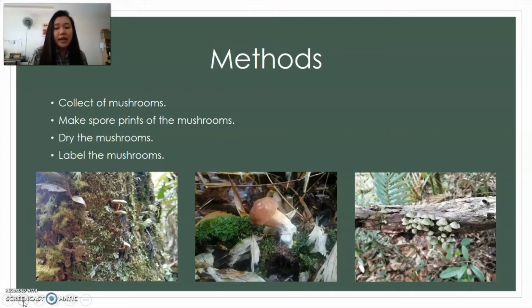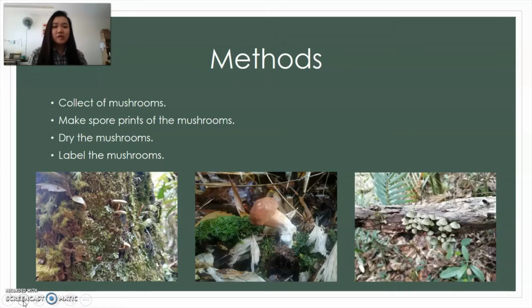Gilled mushrooms, like those you see in the picture, can be made into spore prints. How do you make a spore print? First of all, you need to take the cap of the mushroom and place it on a white paper.